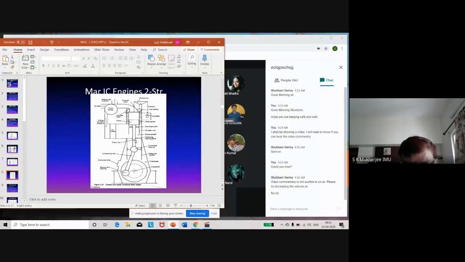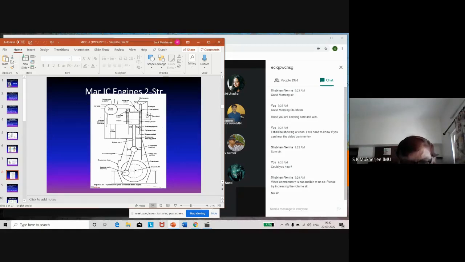Now you saw the stuffing box, how it seals the scavenge spaces against the crankcase spaces. The oil for the cylinder liner is totally different from the oil that is used in the crankcase, and under no circumstances must the oils intermix or get contaminated by each other.